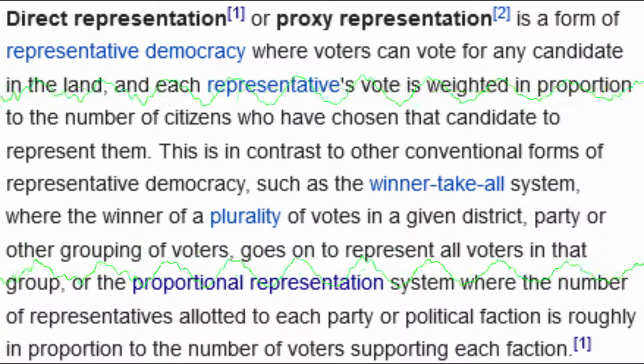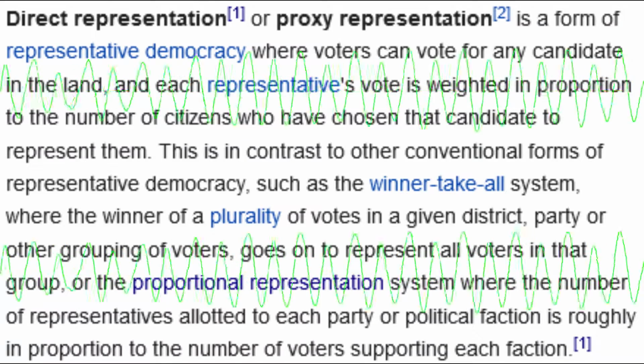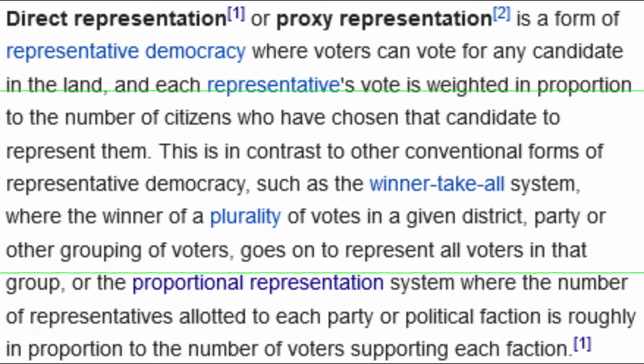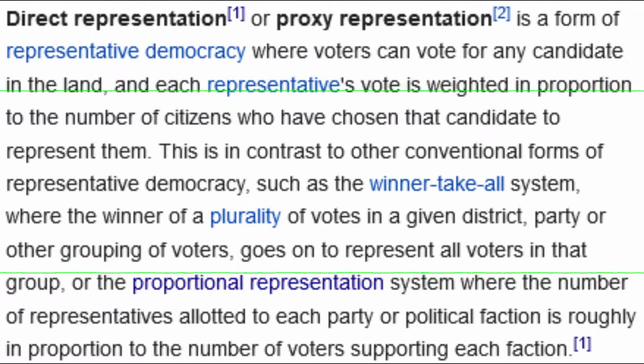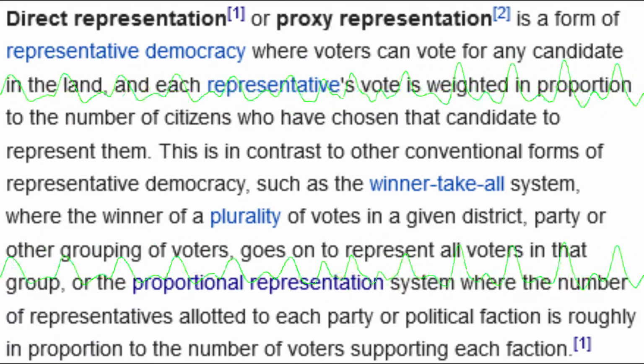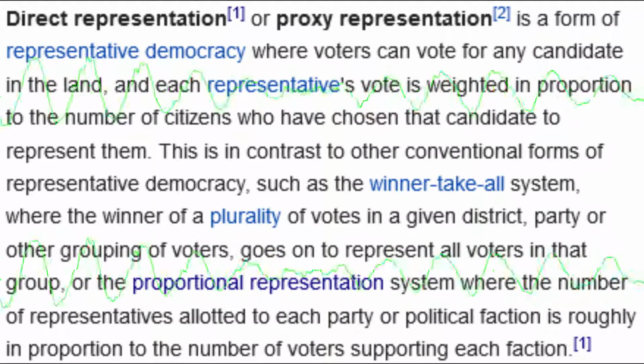The difference is that after you cast your vote and everything is tallied up, all of the candidates who received any amount of vote get elected, and once elected, they have a vote of weight equal or proportional to the number of votes they received.